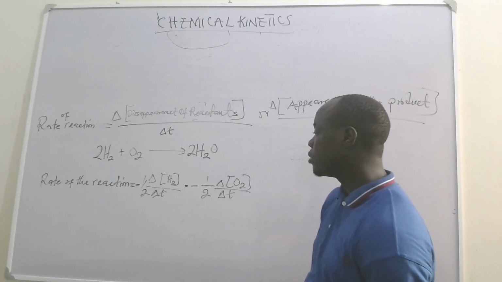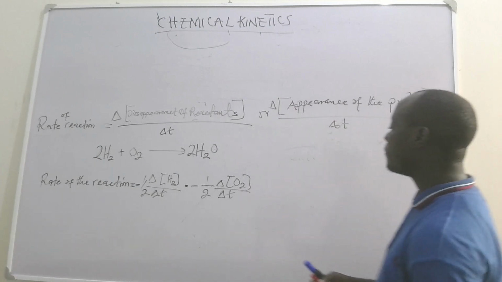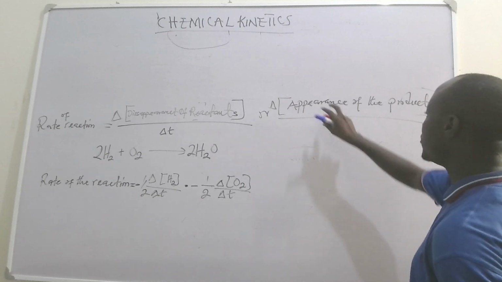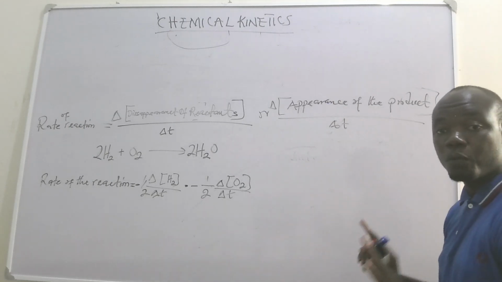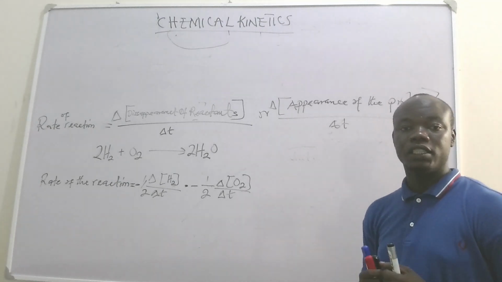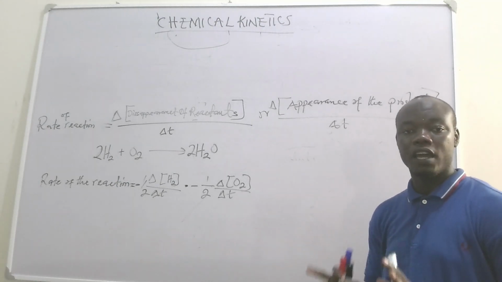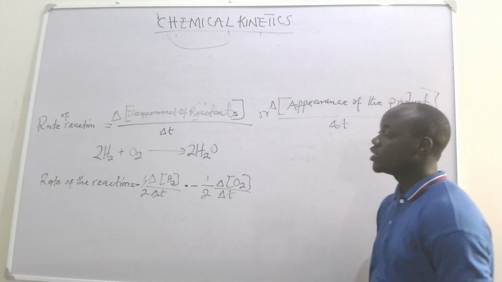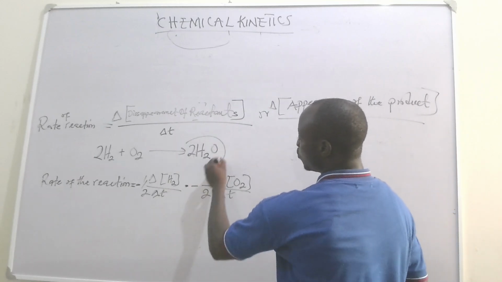And of course, at the same time, you can also measure the rate of the reaction based on the appearance of the product. How are we going to measure the rate of the reaction based on the appearance of the products? For example, this is water.